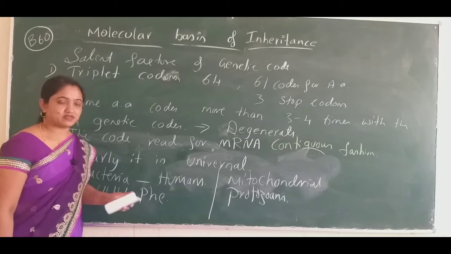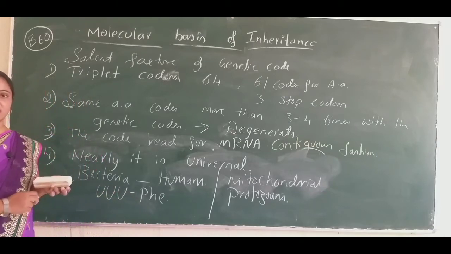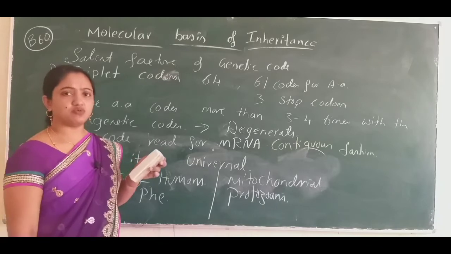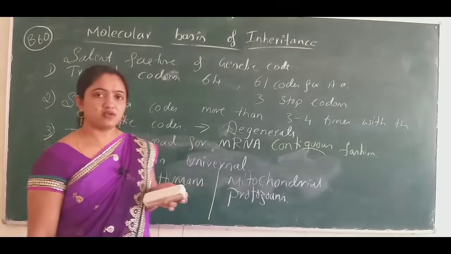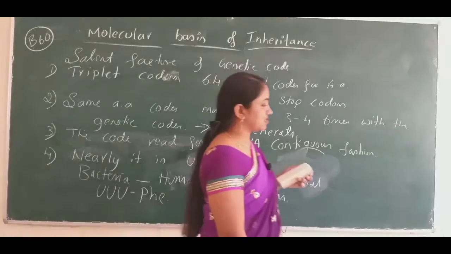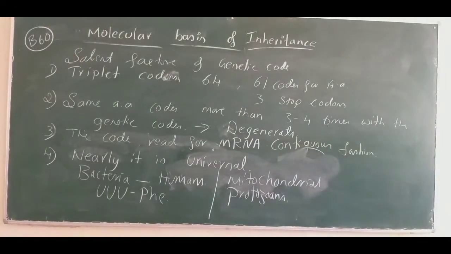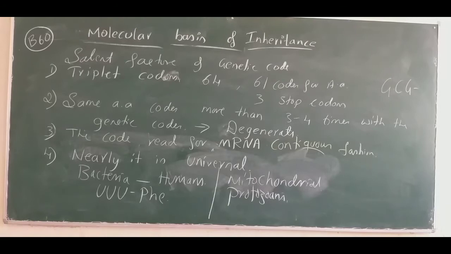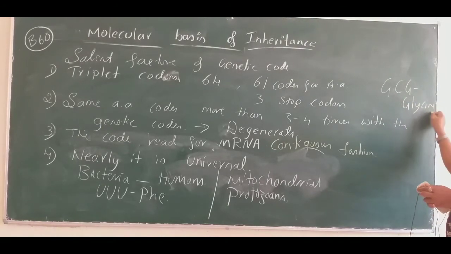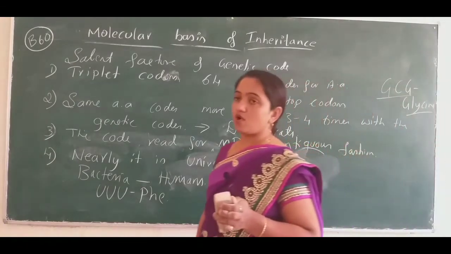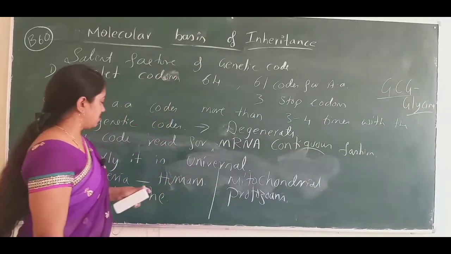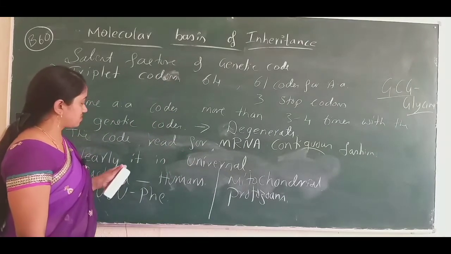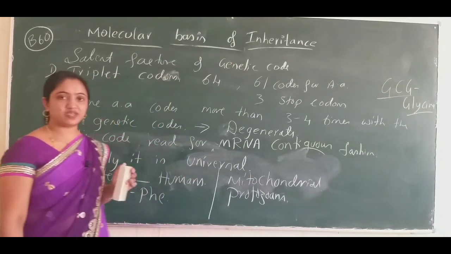For example, if you take any genetic code from the checkerboard, like the last one we have written, GCG, the GCG genetic code codes for glycine. The same components are present in bacteria or in human beings.